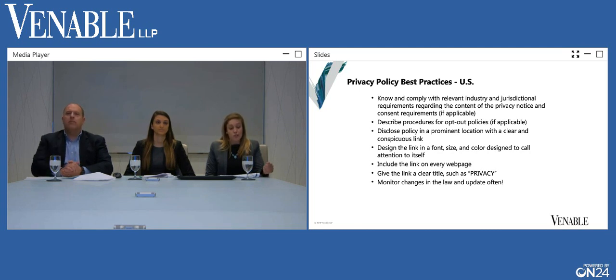You should disclose your policy in a prominent location with a clear and conspicuous link. You want to design the link in a font, size, and color that's designed to call attention to itself. Make sure it's included on every single web page. Give it a clear title, as California recommended. Privacy works well in all caps.